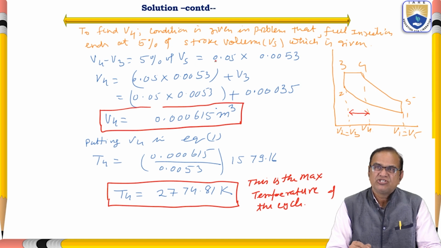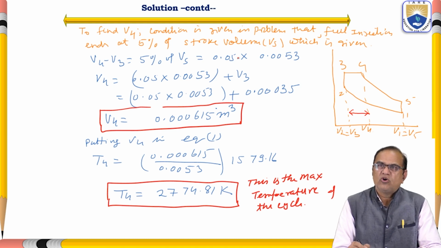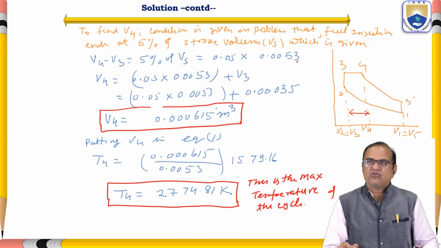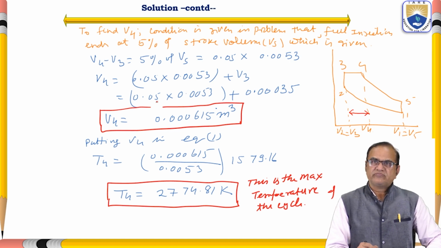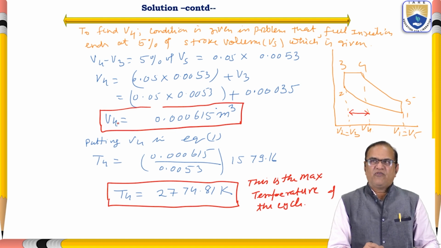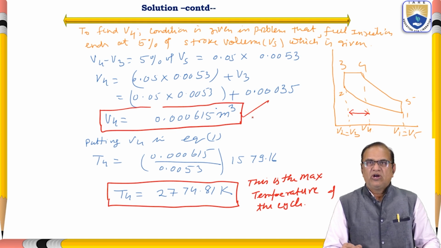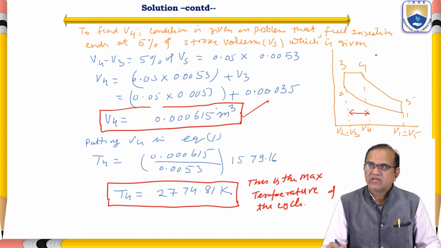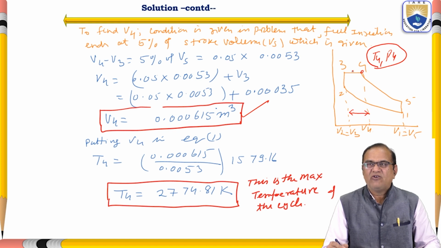So 0.05 into 0.0053. So V4 is equal to 0.05 into 0.0053 plus V3. After the calculation, we will get V4 is equal to 0.000615 meter cube. So we have got this point. We got T4 and P4. This point we have obtained, this point we have obtained, this point we have obtained.